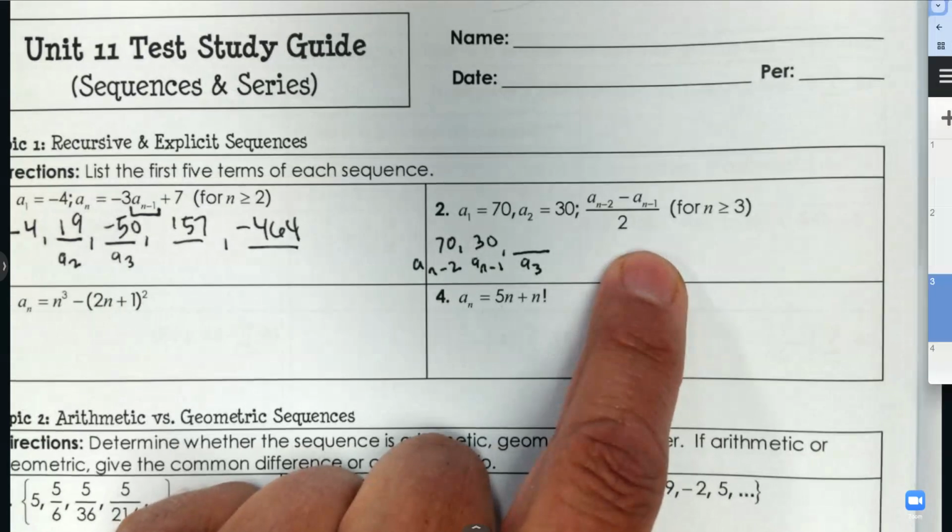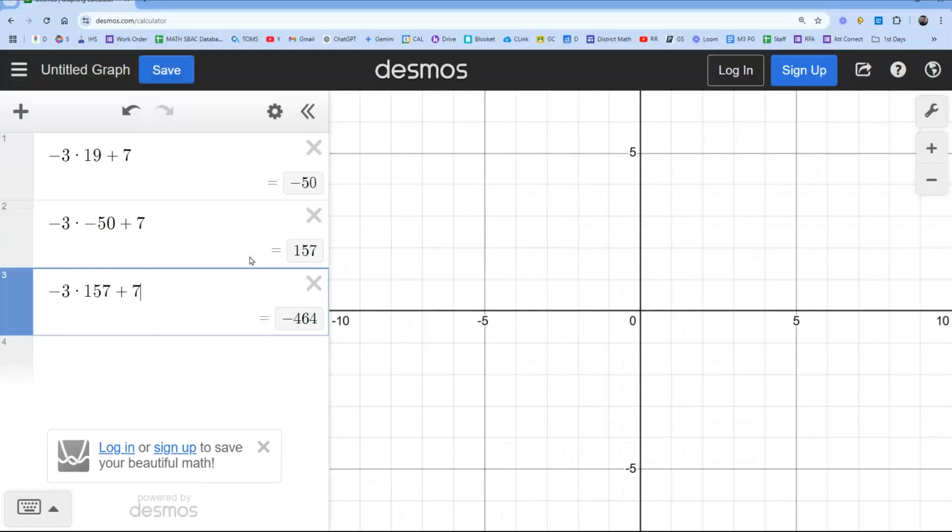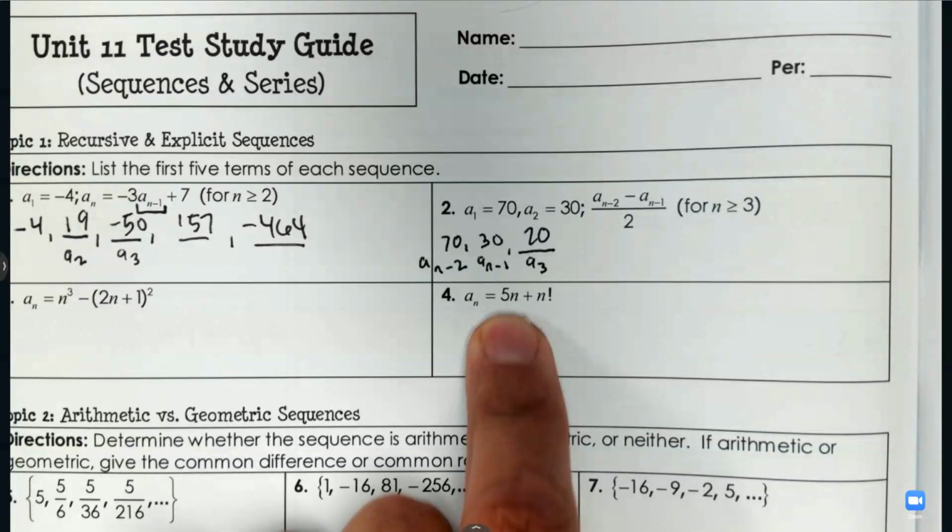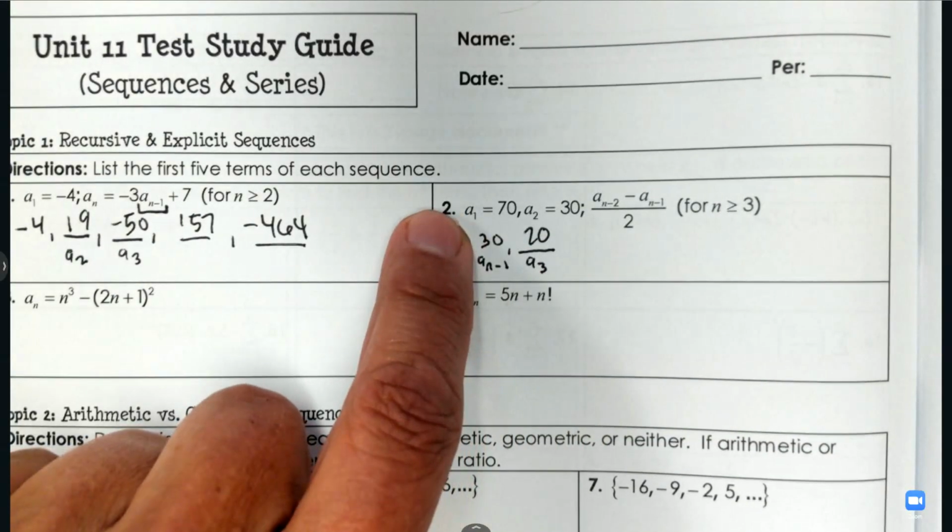So I'm going to go to Desmos, and I'm going to do that. So 70, take away 30. By the way, if you press the divide button first, or the /, and then go 70, take away 30, and then divide by 2. Now, if I want to find the next term, now I don't use 70.